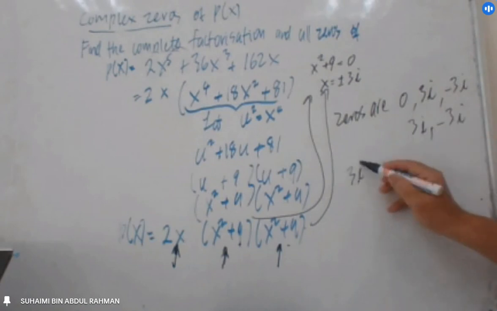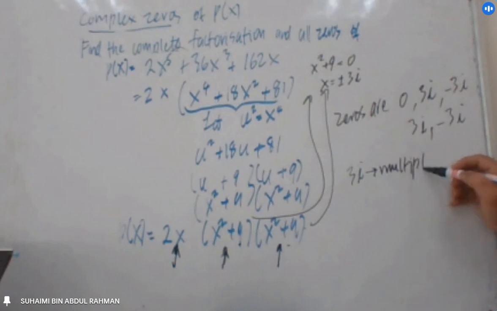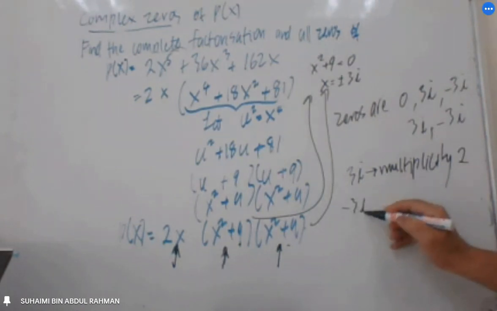Because 3i is a zero of multiplicity 2. Multiplicity 2 means that it appears 2 times. Another one that appears 2 times is minus 3i.